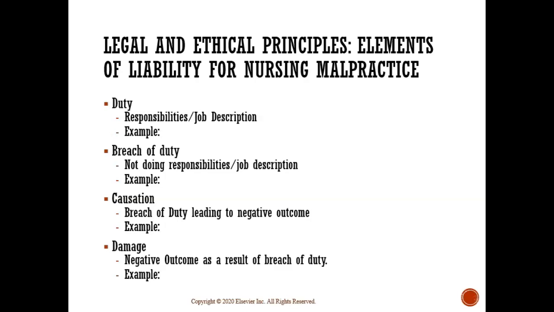A person, let's say a nurse, for example, has a duty to a patient. The nurse is responsible, or that's part of her job description. Let's say Nurse Anna is assigned to patient A. She has a duty for that patient.